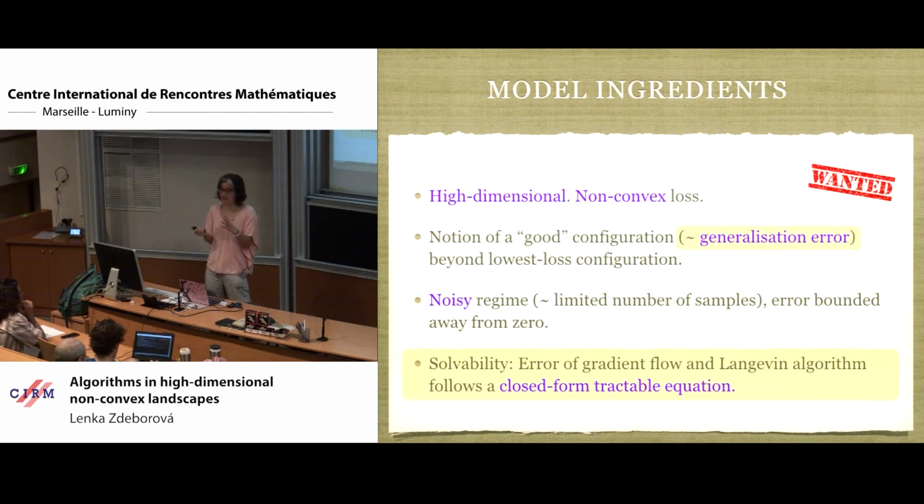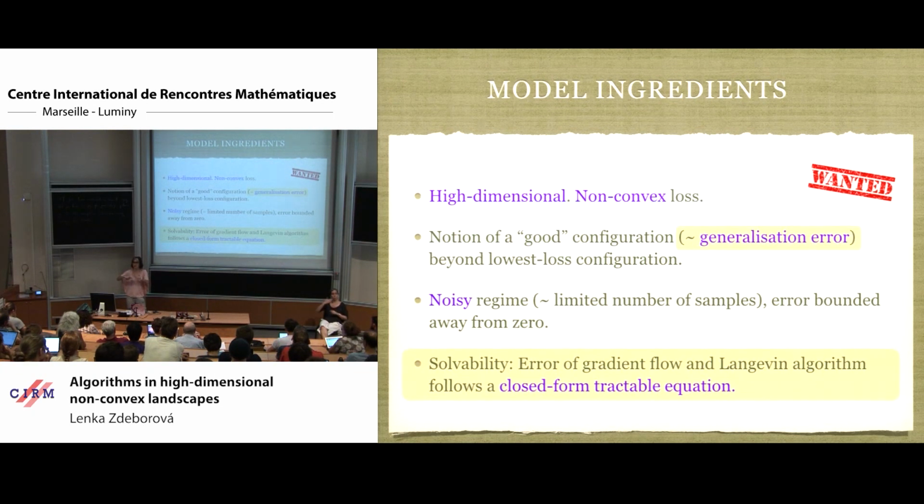So we want to stay in this spirit of a problem where we have some notion of good that is independent of having a low loss. This is really important, because the interplay between the two seems to be at the basis of the mysteries in how deep learning works or doesn't work. So we want to keep this property.